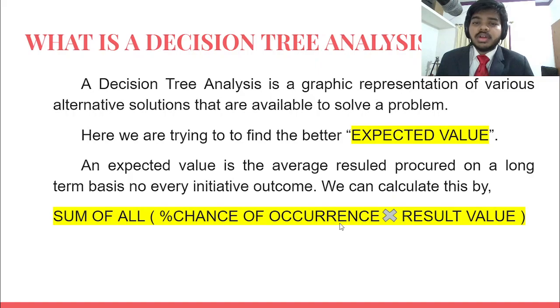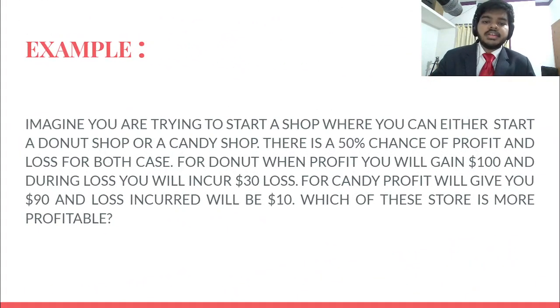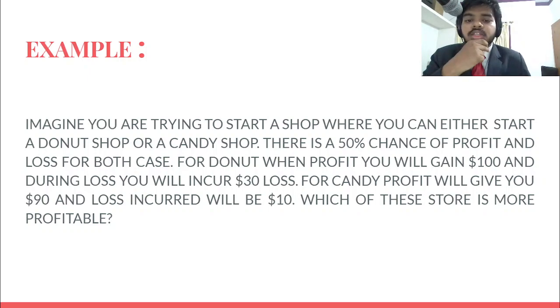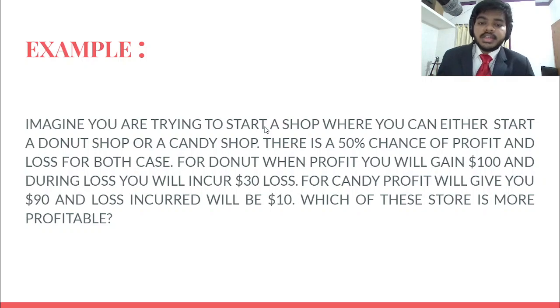Let's see a small and simple example on it. Let's imagine John wants to start a donut shop or a candy shop. He wants to decide which one would be better. So let's see what is in store for us. For both donut shop and candy shop, there's a 50% chance of profit and loss.